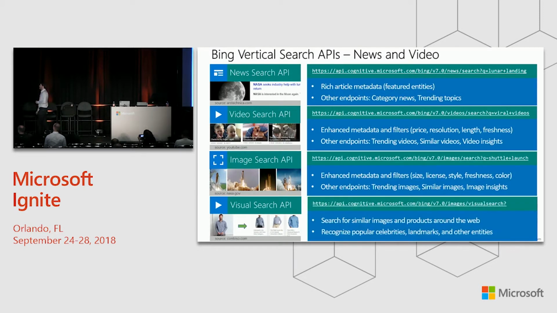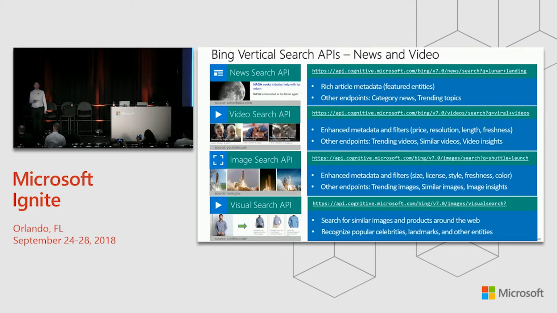But we have many other verticals as well. We have a news vertical, a video vertical, an image vertical, and much newer, which I'll go into a little bit more deeply in a moment, a visual search vertical. Because while it's great searching with text to bring back things like, what's the real-time news related to my company or to my product?